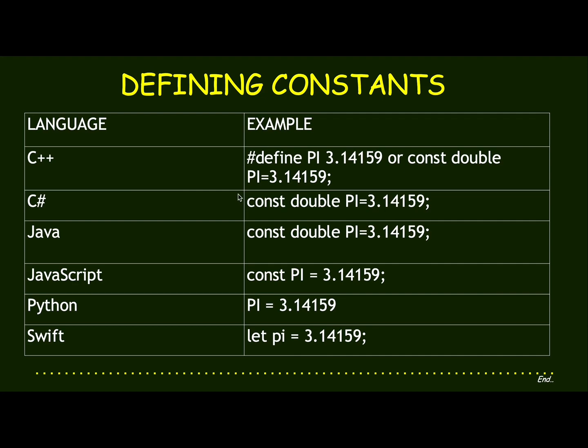In C#, that one too is const double PI. You just write the code the way it is, which means you are coding in the variable. So you just have to know the language you are using to write your code, then you know what to apply as the constant definition in that particular language.